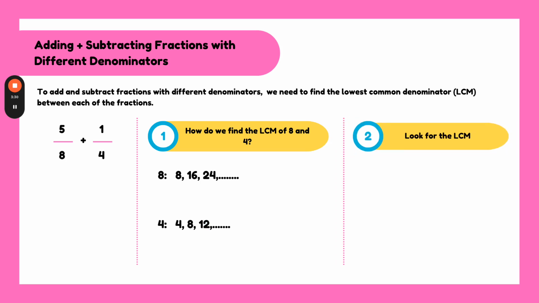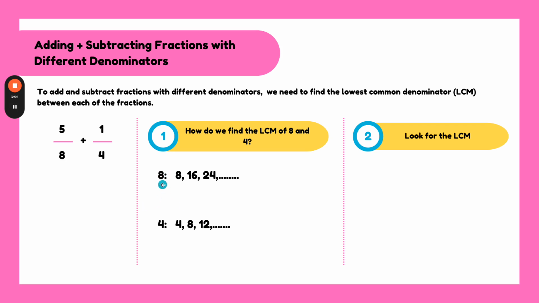Okay, so now we have our list of multiples. We can now start to look for our LCM, or lowest common denominator. The lowest common denominator is the multiple between the two numbers, in this case 8 and 4, which is the lowest number and is also a multiple of both.